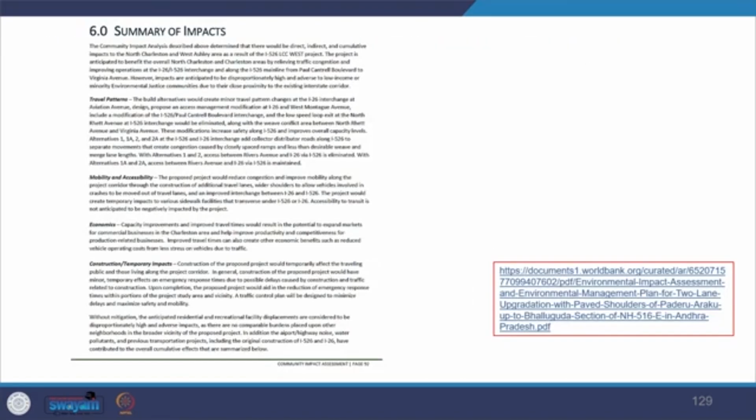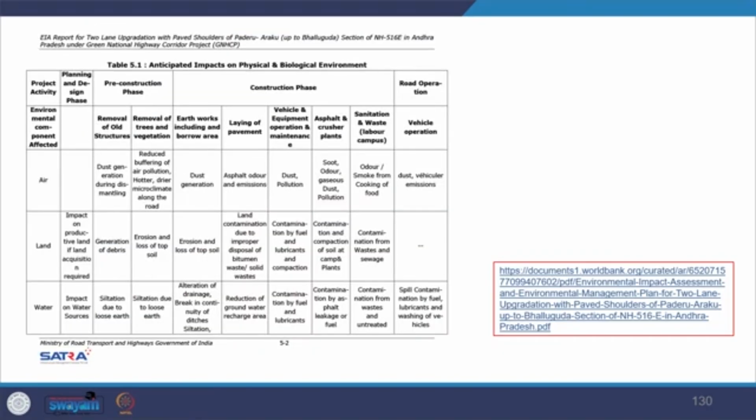Then you have the reporting components where you need to take care of it. So here you see the summary of impact. So all these projects are presenting the summary, though the style varies in how they do it. So here again, you can see the anticipated impact on physical and biological environment from this project.